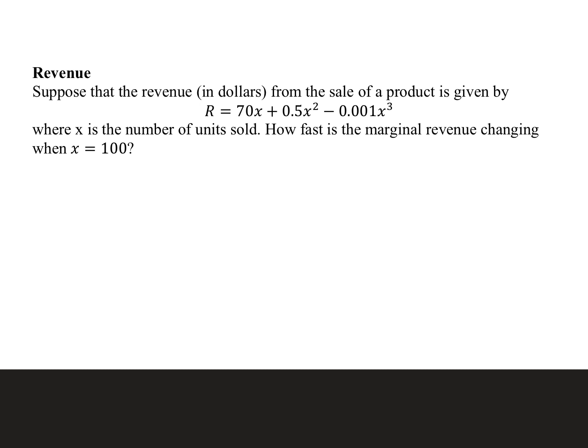First of all, when we reference marginal revenue, recall that this is the first derivative of the revenue function. And if we ask, how fast is your first derivative changing? Well, to measure an instantaneous rate of change of your first derivative, that's a question about the second derivative.